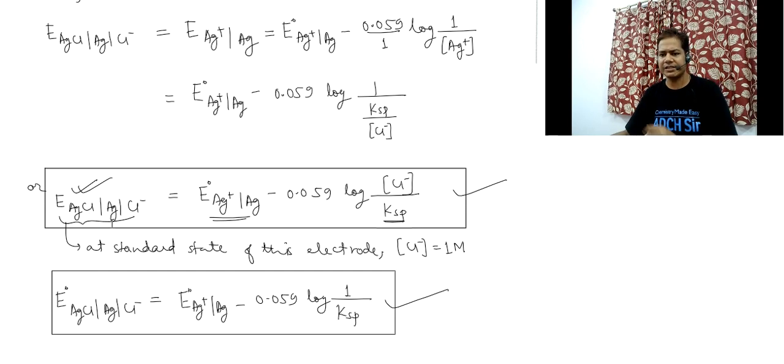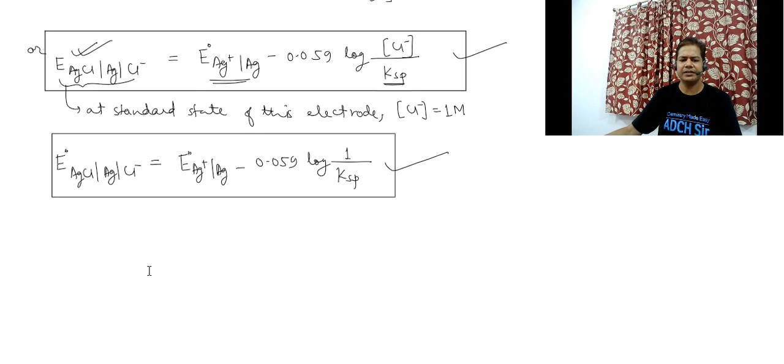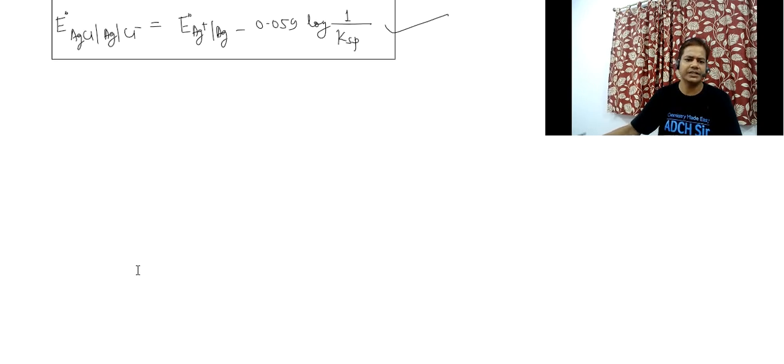Let us do one more example. A common example of a metal insoluble salt electrode is the calomel electrode. So let us talk about the calomel electrode and calculation of its electrode potential from the electrode potential of mercurous to mercury.